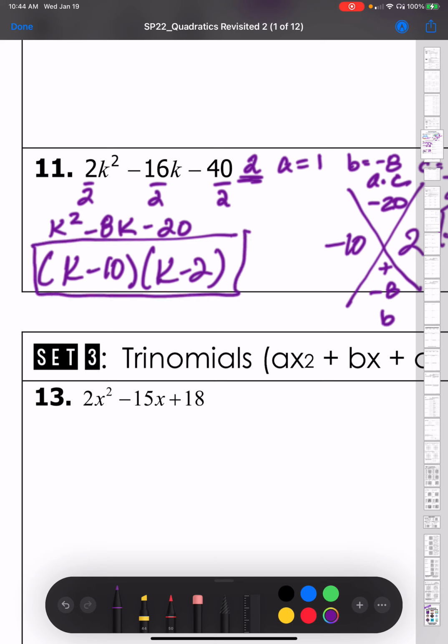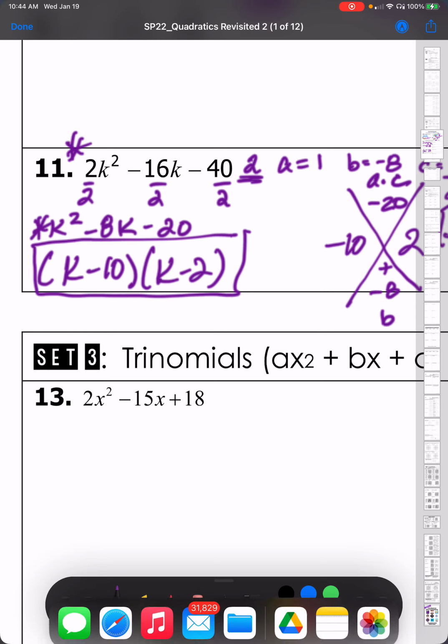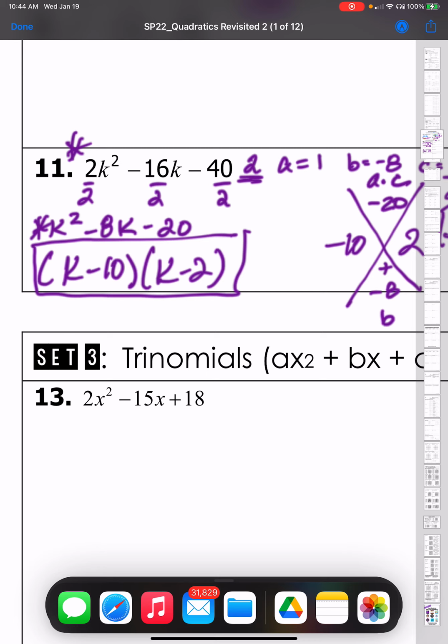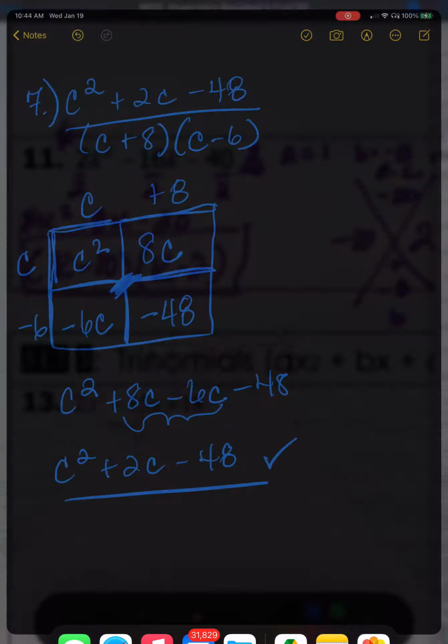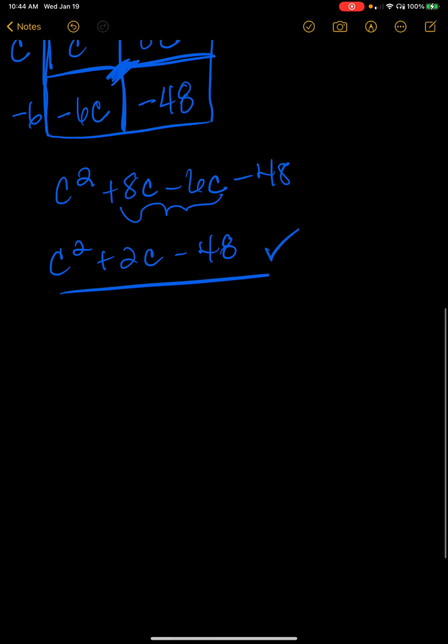So here we go. We're trying to balance back. I'll show you how to balance back to both. So our original equation on number 11 was 2k squared minus 16k minus 40.